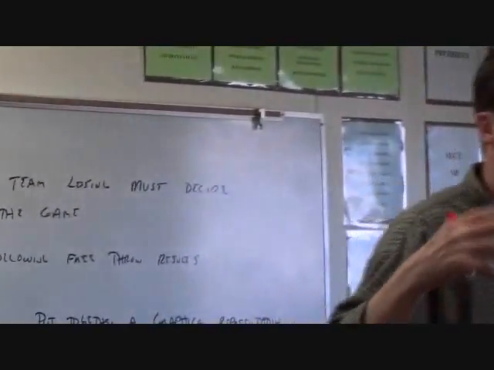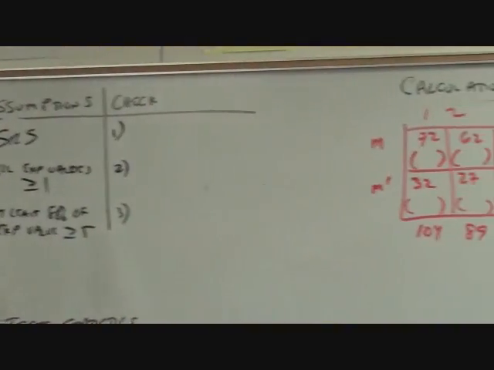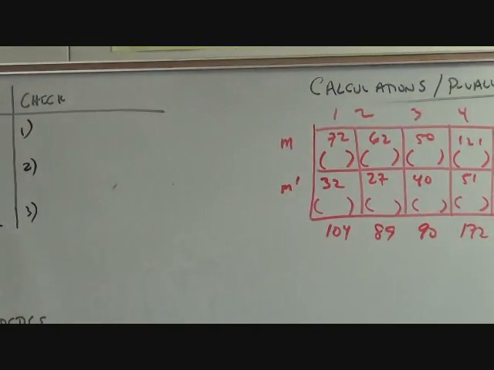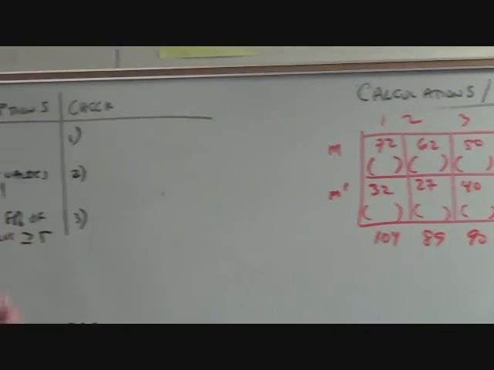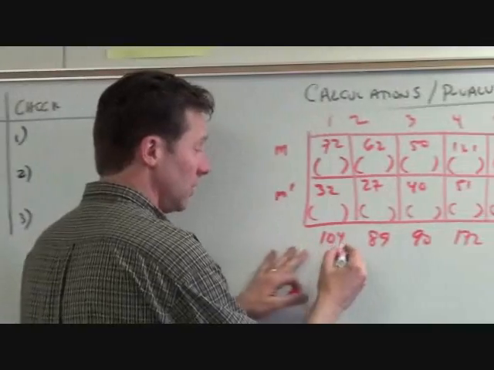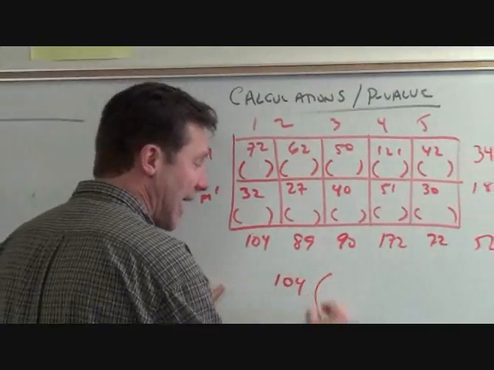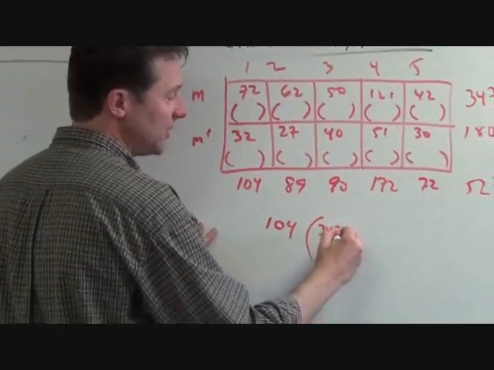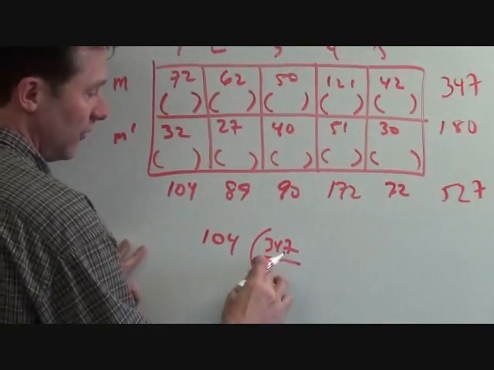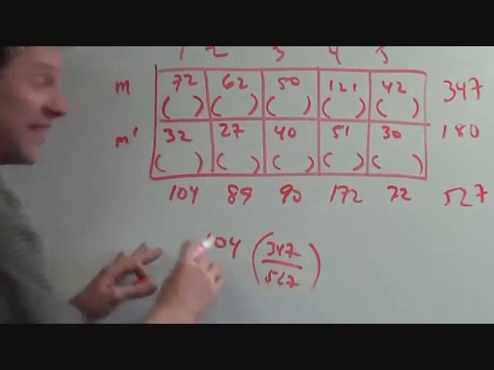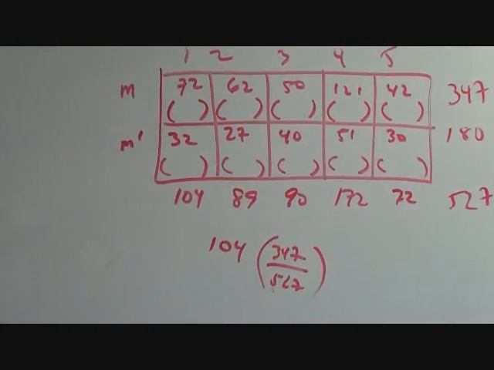No. We're asking ourselves, okay, how many free throws are we expecting this person to make? We now know he's a 65.8% free throw shooter. At least that's what we're going to assume. So what'd you do mathematically? You took the 104 times the 347 over 527. Isn't that N times P-hat weighted?